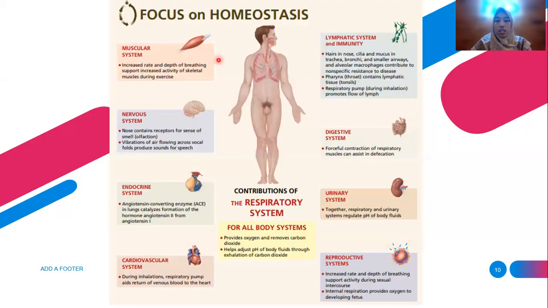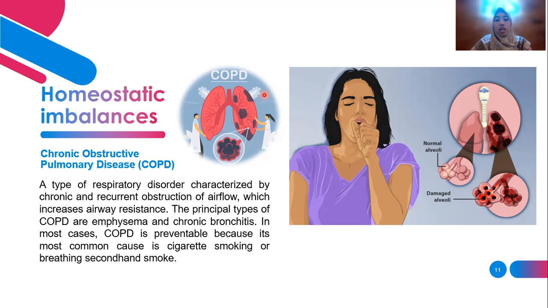So that is normal physiology and homeostasis, and we also have pathologies of homeostasis, called homeostatic imbalances. I am using one example from the homeostatic imbalances. It's called COPD, or chronic obstructive pulmonary disease, a type of respiratory disorder characterized by chronic and recurrent obstruction of airflow, which increases airway resistance.